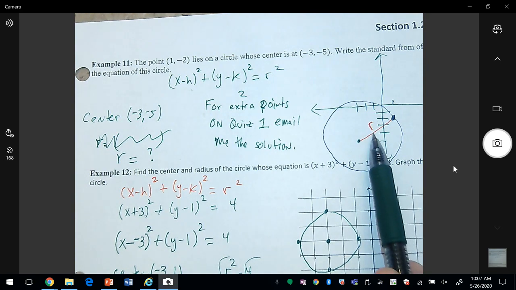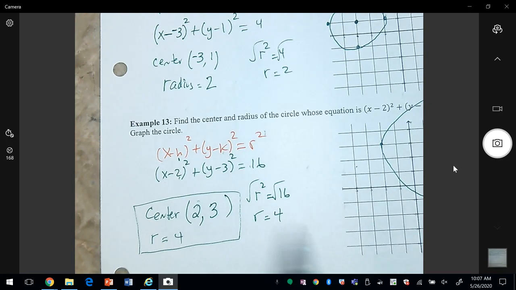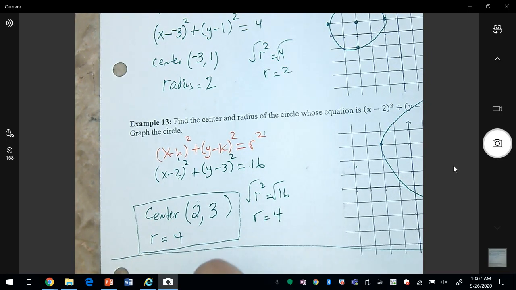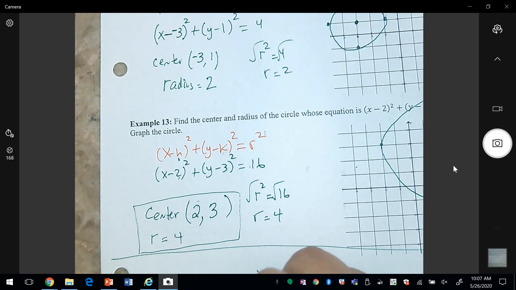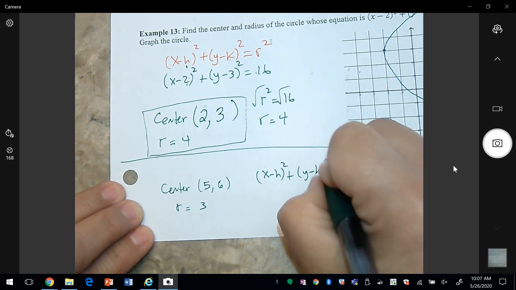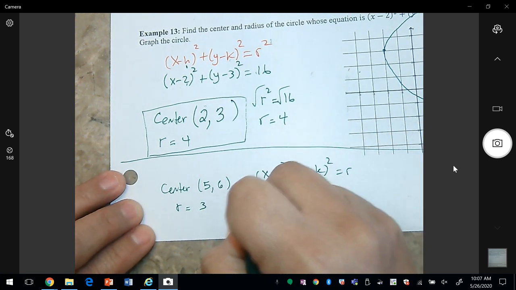So once you have your r, then all you have to do, and I'll give you an example here. Let's say your center was, I'm just making this up, 5, 6, and your radius was 3. Then to write the equation, all you have to do is plug that information in.